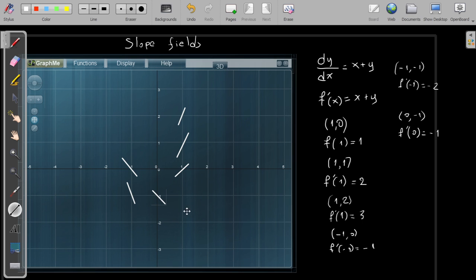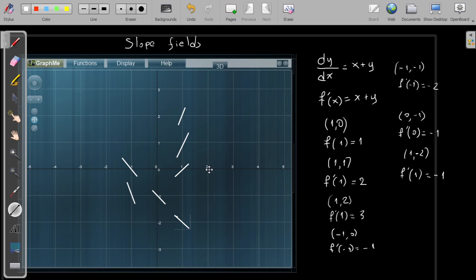Let's take the point (1, -2). So the gradient at x equals 1 and y equals -2 is 1 minus 2, which is -1 again. So you see here again it's -1.